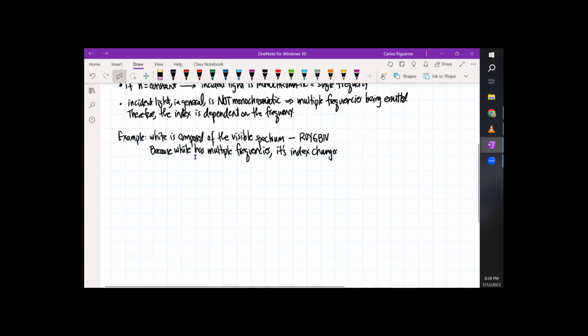So here's what you find. If I have a higher frequency, that means I have a shorter wavelength.